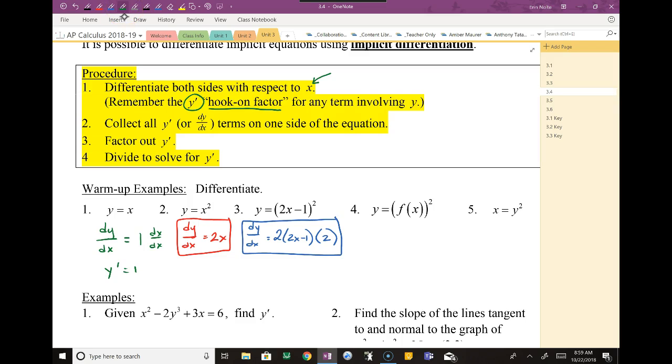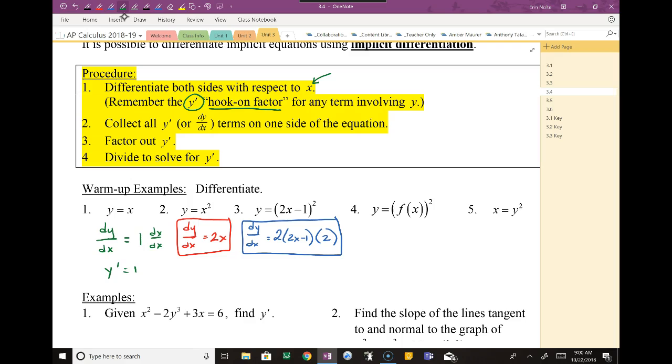All right, what about number 4? So now we're getting into notation. We have this piece of f of x that's being squared. Which rule are we going to use for this one? Not product. The chain. You could actually do a product and call it f of x times f of x because that is f of x squared.